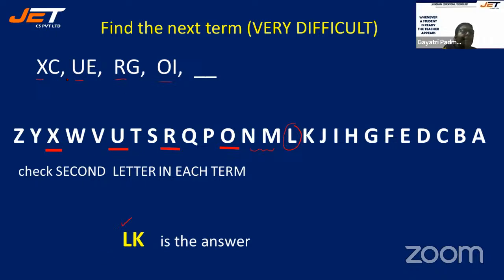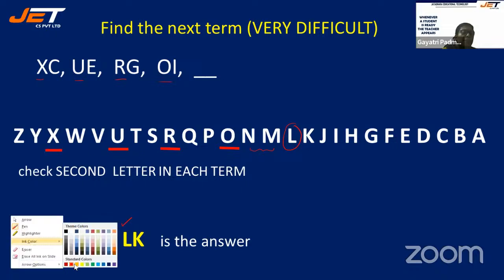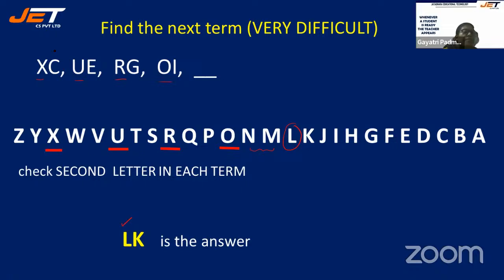And see the second one. Let me use a different color. See, A, B, C, D, E, F, G, H, I, J, K, L, M, N, O, P, Q, R, S, T, U. Okay, I'm sorry, the second letter: A, B, C, D, E, F, G. So this is forward. So what you have to do?